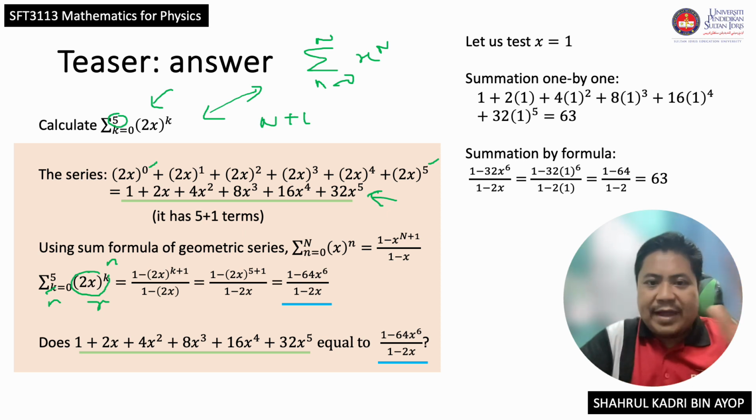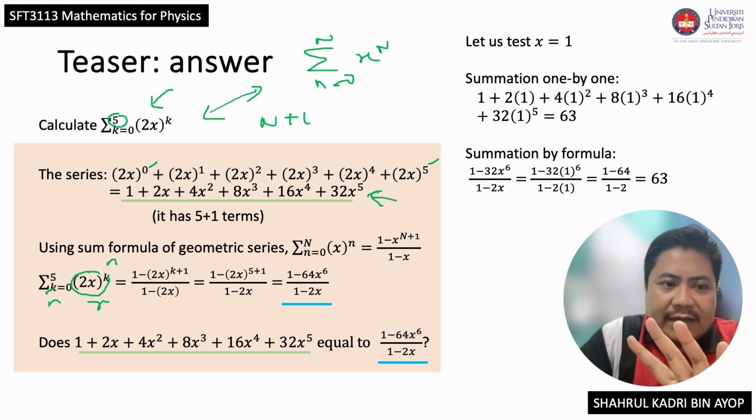So we make a match. All right, so big N is 5, so k is equal to small n. The x itself is now 2x. So we substitute into the formula. All right, so k plus 1 is 5 plus 1. So what we get is like this.